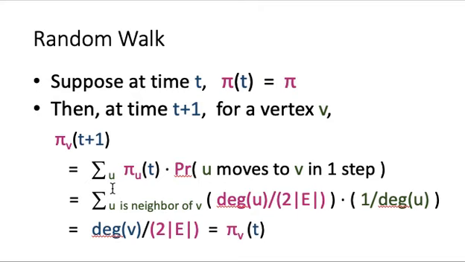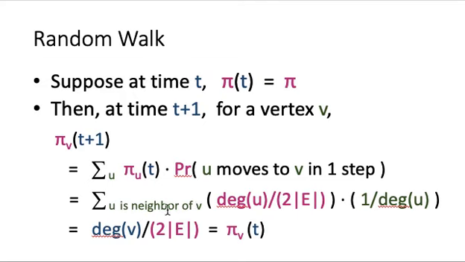In general, this is the algebra formula. We sum up over every u the probability that we are at state u at time t, multiplied by the chance that u can move to v in one step. This is the same as saying we only need to consider those u that are neighbors of v in the original graph.